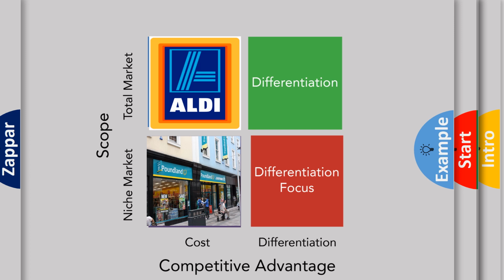It doesn't have the whole range as Aldi has, and their whole strategic positioning is about all their products being under £1. And so when Poundland buy their stock, they buy it so they can make the gross profit margin that they require. So they buy it at a specific price so they can retail it at a specific price.